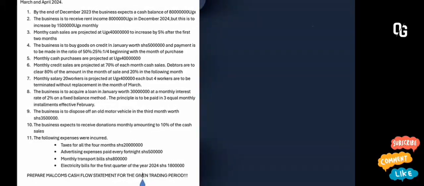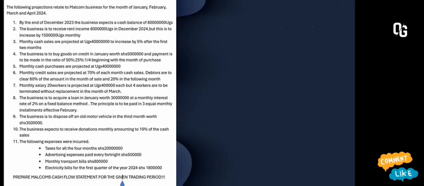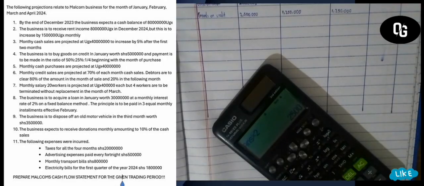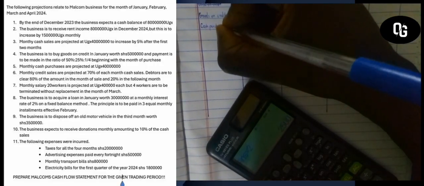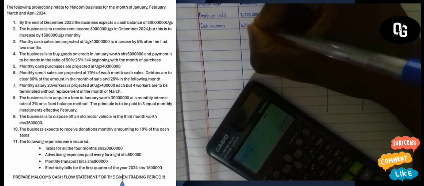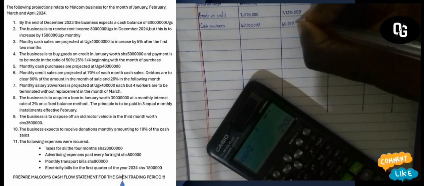So as I said, the calculator is very important at this part of the calculation. So keep your calculator close, because we are reaching the end of the question. So as you can see, I have recorded my goods on credit, so I have moved on to cash purchases.